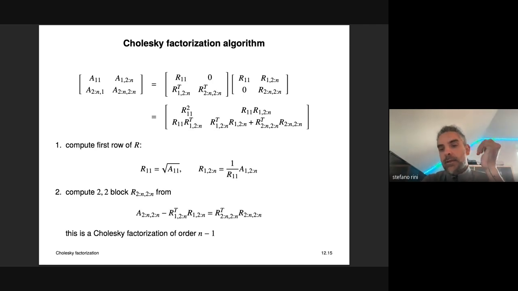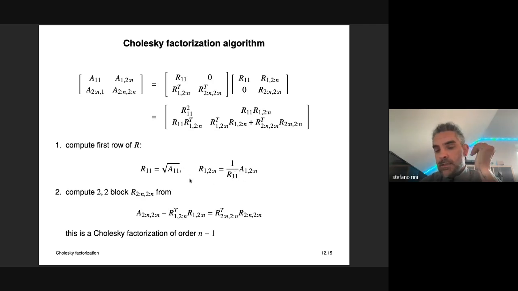But we said before that positive semi-definite matrices have positive diagonal entries, so we know that A11 is going to be positive. And then we have this nice equation, which is R1, 2 to n. Okay, so remember that the matrix is symmetric. So this guy is the transpose of this guy. So now we have two equations here, and they both indicate that this term is equal to 1 over R11 times A1, 2 to n.